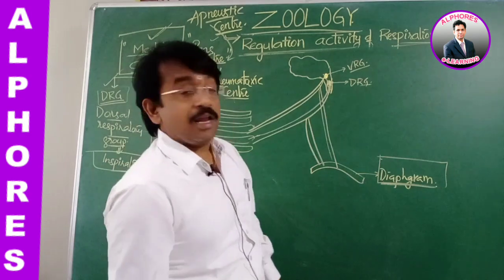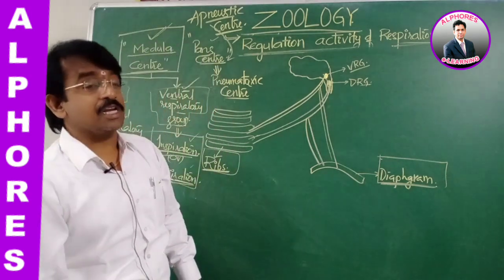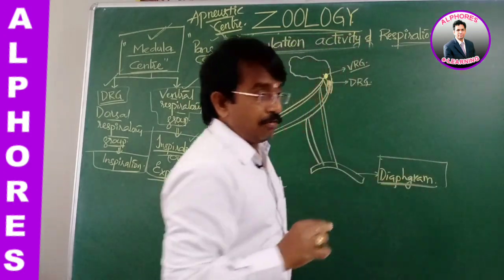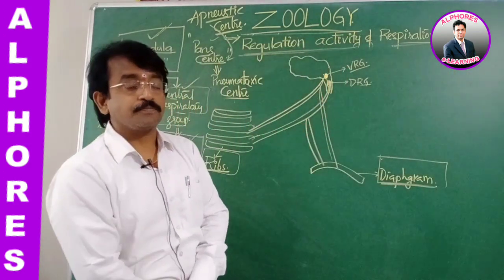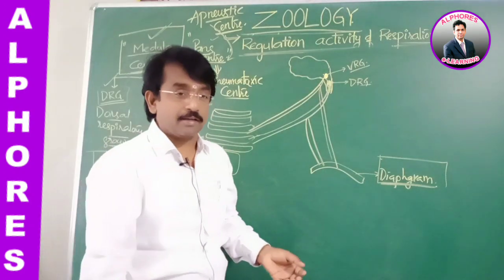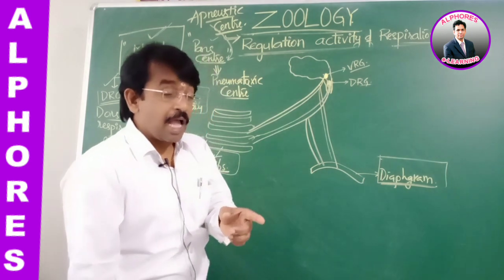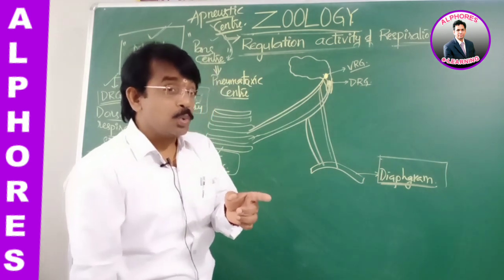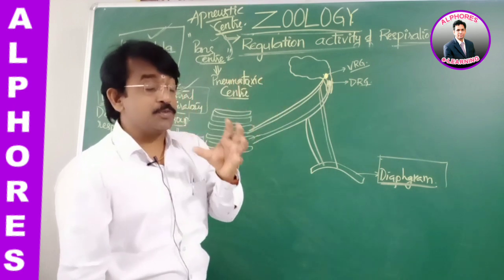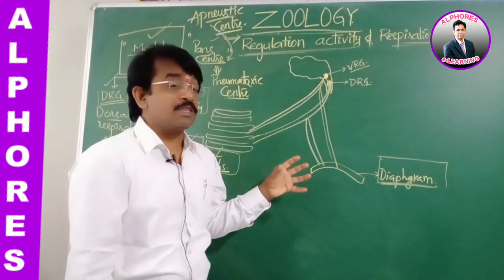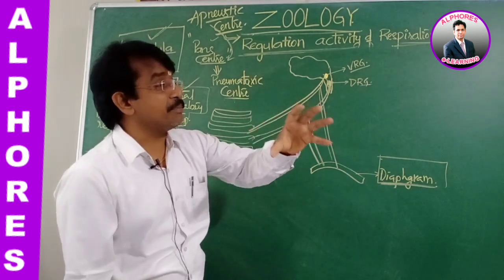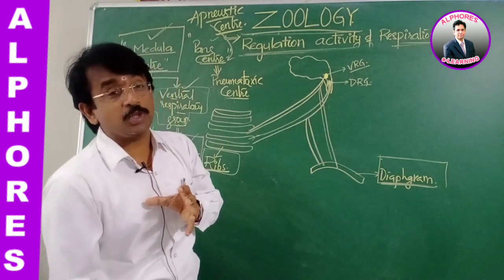Next, chemical control. Chemical control involves the following: if CO2 and H plus ions are increased, it means CO2 is more in the blood, or CO2 combines with H2O and forms H2CO3, which immediately breaks down into H plus and HCO3.